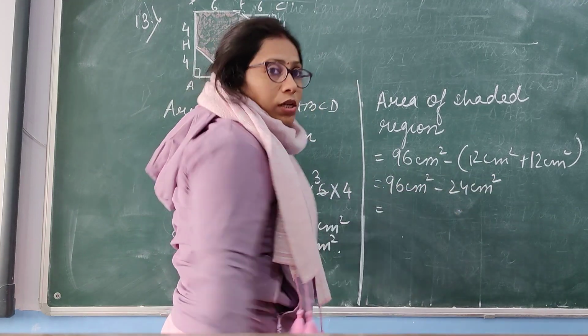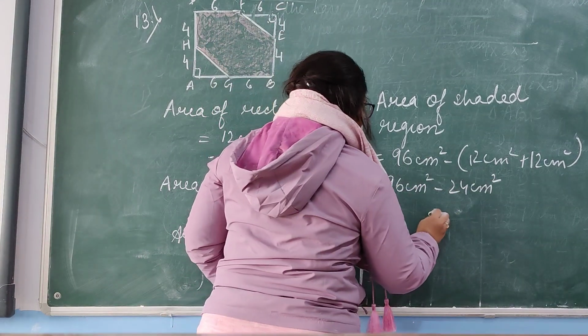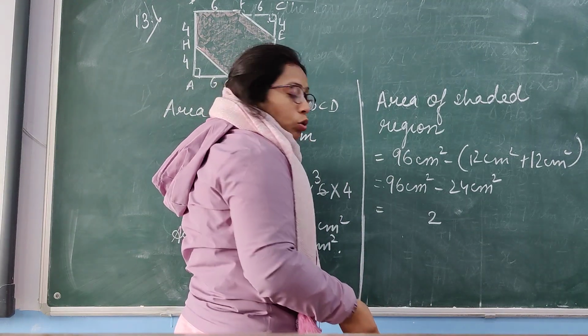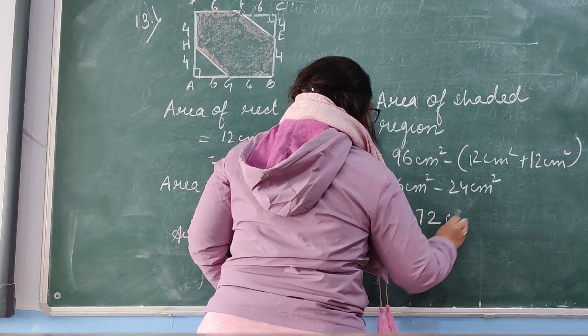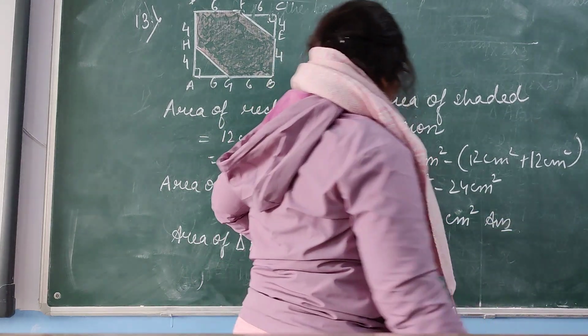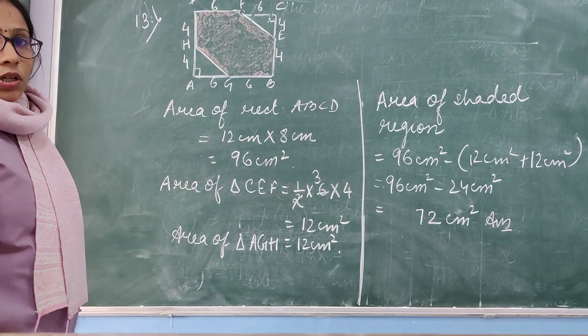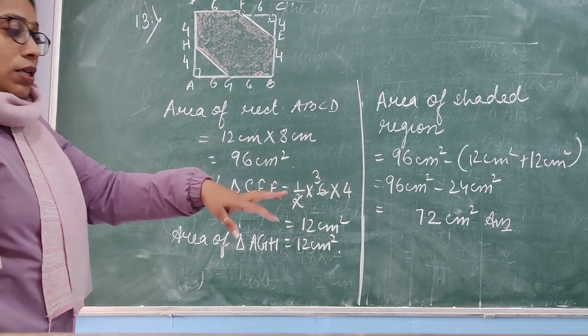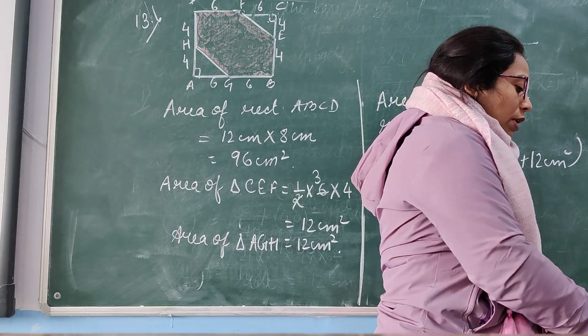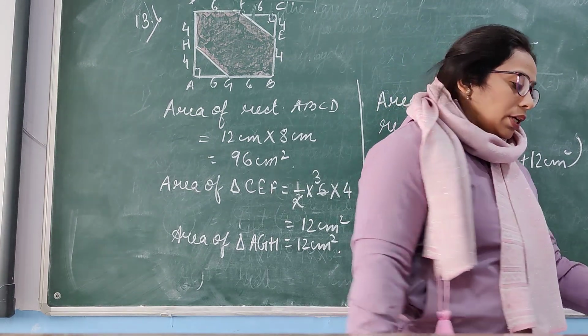So 6 minus 4 is 2, and then from 9 if you subtract 2, you are left with 7. 72 centimeter square is the area of the shaded region. I hope it's clear. In the same manner you will calculate the rest of the subparts of question number 13.